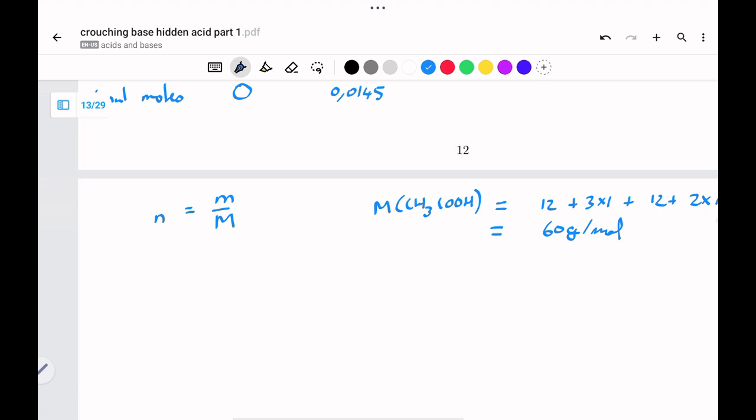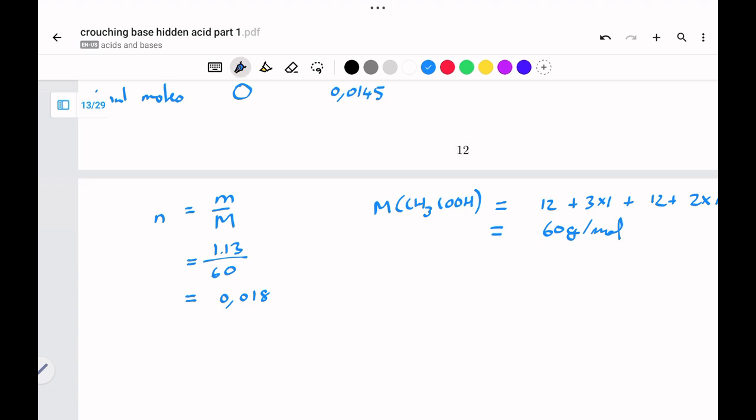And now we get the moles. Put 4 decimal places down. No, that's wrong.